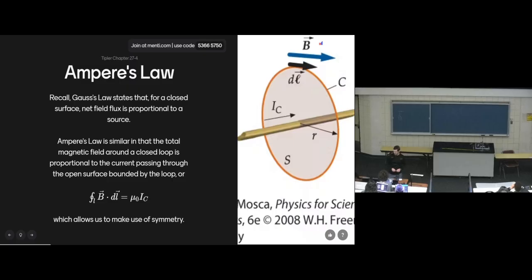So Gauss's law states that for a closed surface, net flux is proportional to the source charge. Ampere's law is similar in that the total magnetic field around a closed loop is proportional to the current passing through the loop.